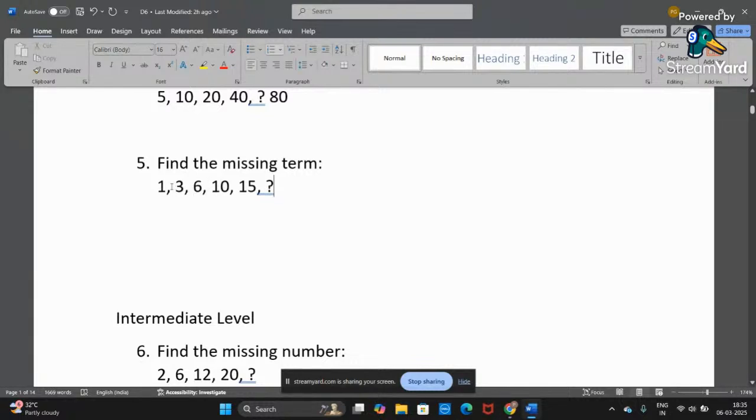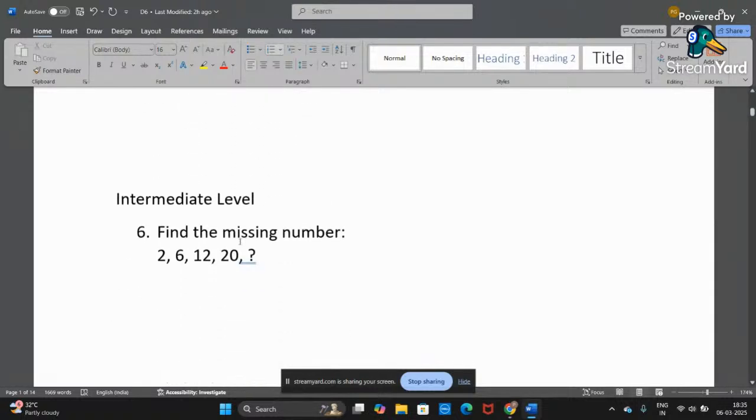Here it is 2, here it is 3, here it is 4, so here it will be 5. So here they're adding 15 plus 6, it is 21. They're adding consecutive numbers. So 21 is your right answer.